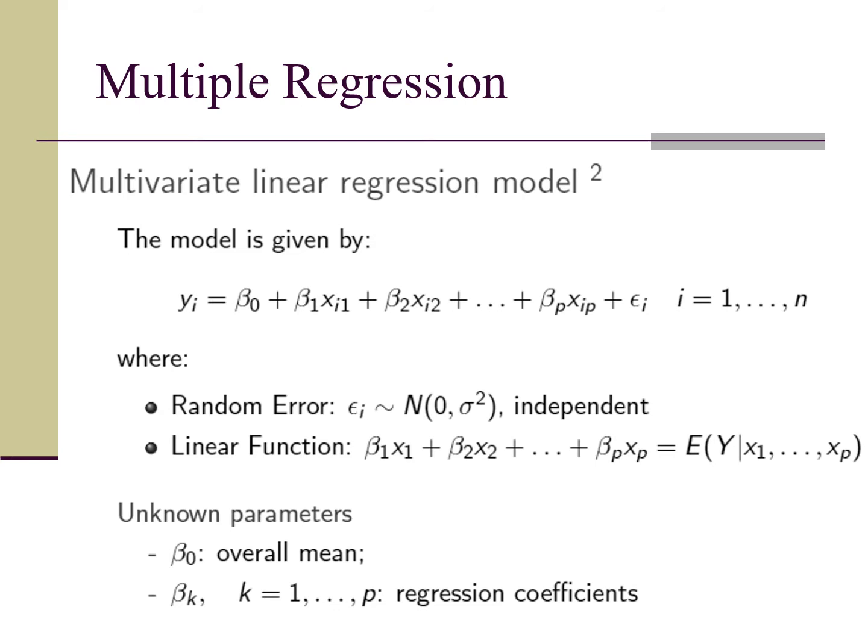And so what we want to know is beta 0, the overall mean, the intercept, and all of the p regression coefficients.